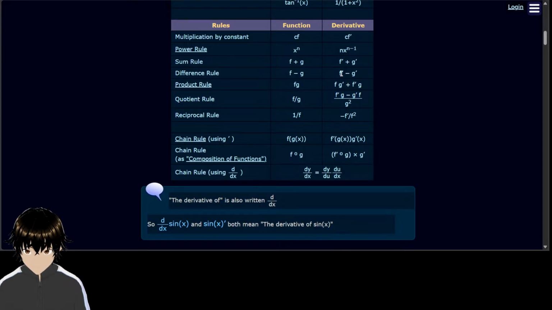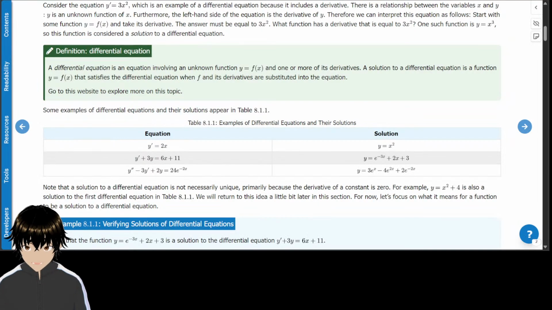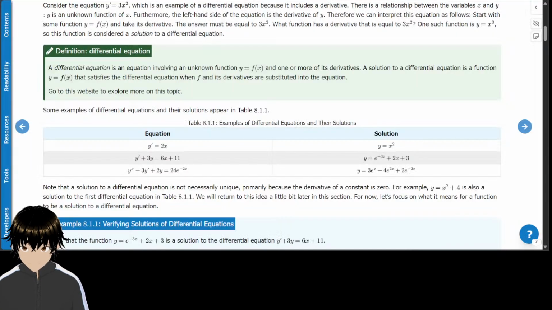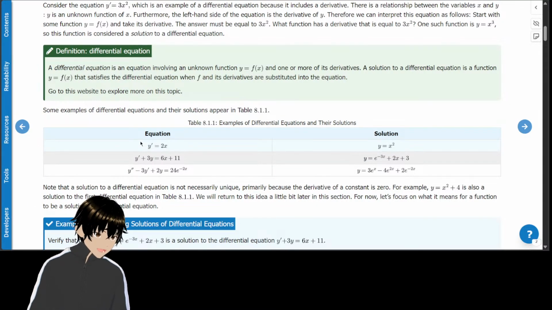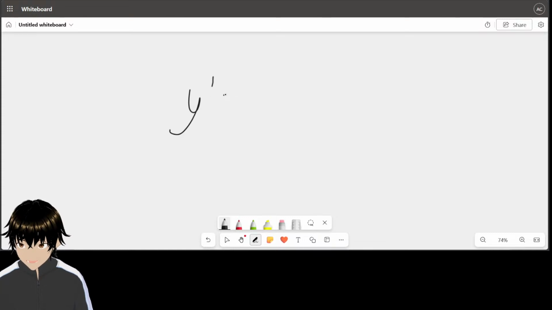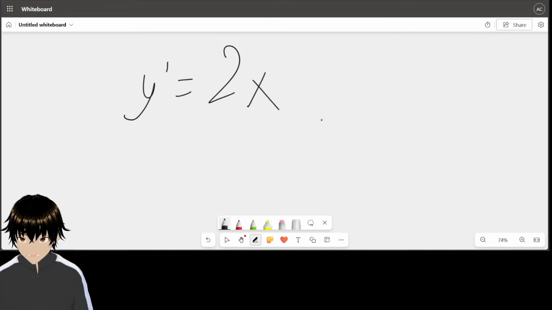So what are we dealing with right here? I'm just going to completely ignore this. I'm trying to get to the answer by solving it on my own. So we have y prime equals 2x. We have an exponent here.